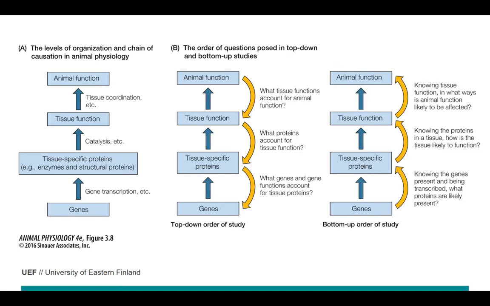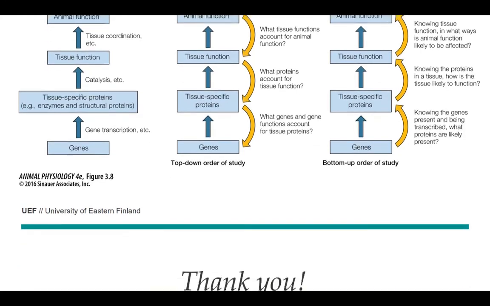And when knowing the function of this tissue, we can ask how this animal is functioning. So that's why we can have questions in two different ways: we can have top-down order or bottom-up. And thank you.